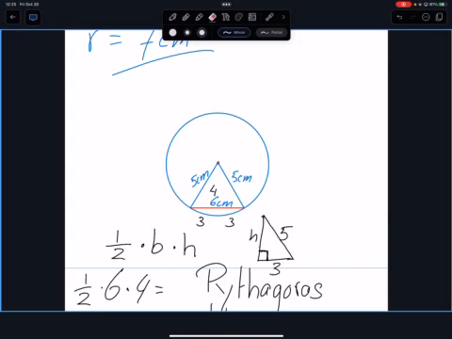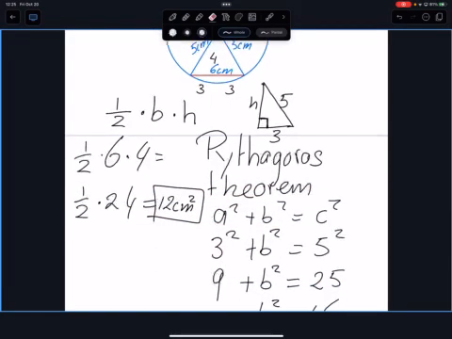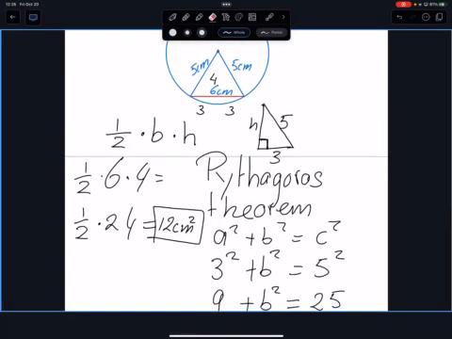Teacher, how do I get to the height? That's simple. Our friend Pythagoras' theorem can help us with that. This specific triangle is what type of triangle? It's an isosceles triangle. So, if I draw a line through the middle, I create a right-angled triangle, which is represented here.